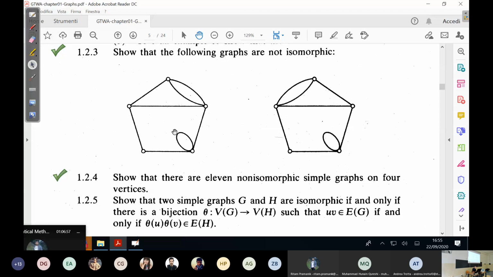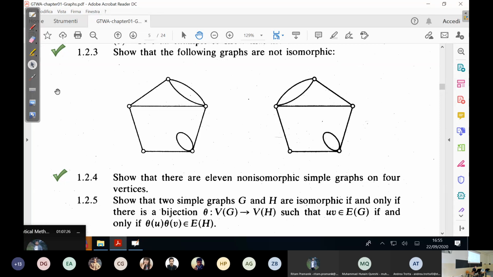So it's not possible that you send this edge, for instance, to this edge. Why? Because here the ends are the same vertex, and here the ends are two different vertices. So the only possibility for this loop is to go to the loop we have on the right.